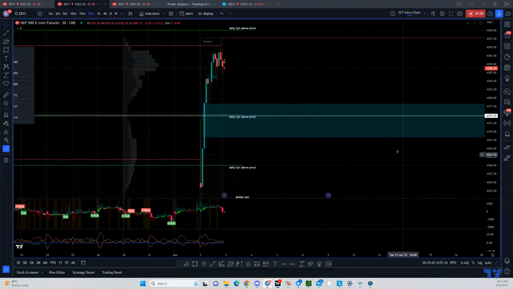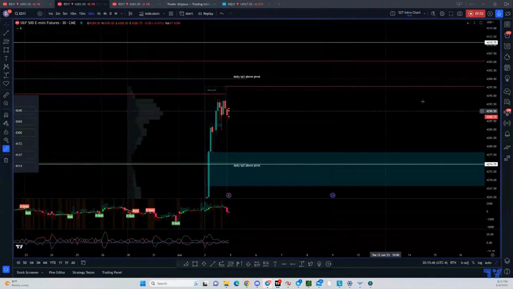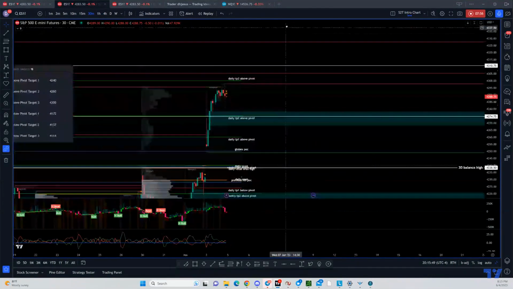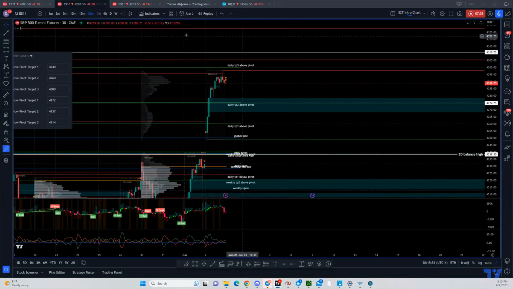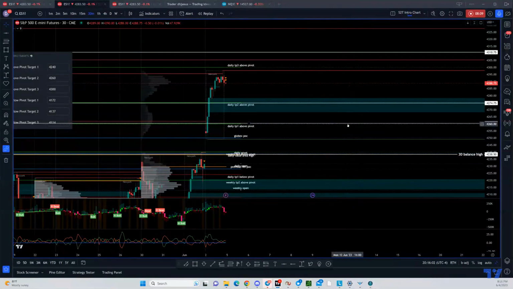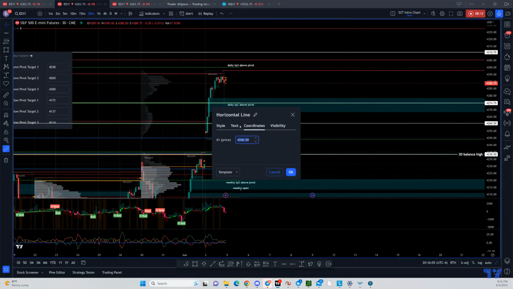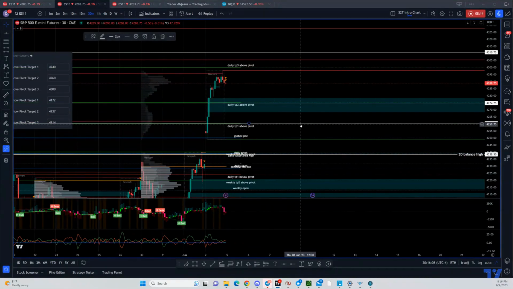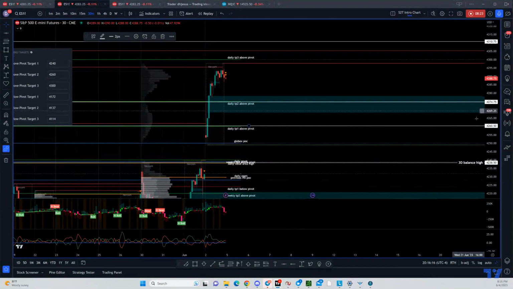All right, so we're gonna drop some targets here and see where we go from there. We're gonna use this line here, like I was saying before, 60, as a weekly pivot. This is obviously gonna change once I load that into the trade plan indicator. 60, and the first target is obviously 4,300.